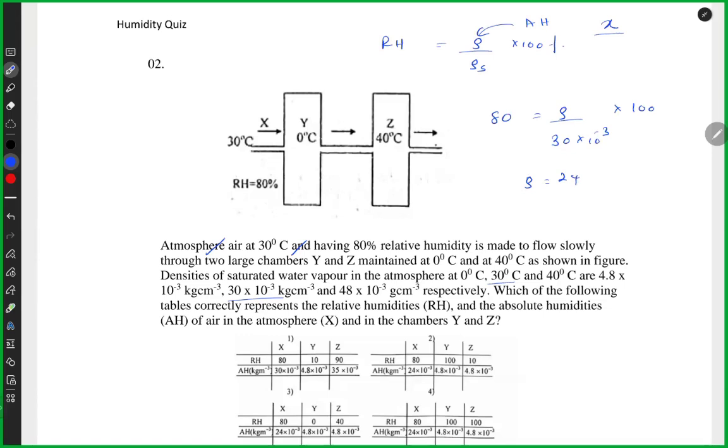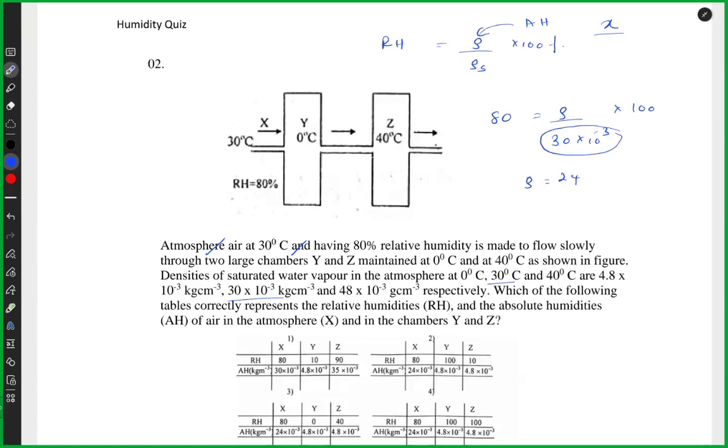See, now 80%. So if you're going to get the available amount, you have to multiply by 80% the absolute humidity at the saturated state, or the saturated vapor density.